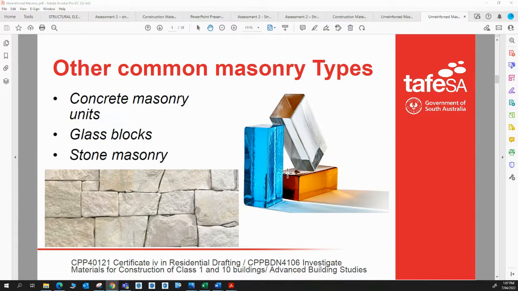But there's also things like glass blocks. I don't have an image of them, but probably everybody knows that traditional 190 by 190 glass block that got used in just about everything in the early to mid 90s. But there are some other beautiful glass block products on the market as well. I can't remember who the supplier of those ones are, you might have to traipse around and find them yourself.